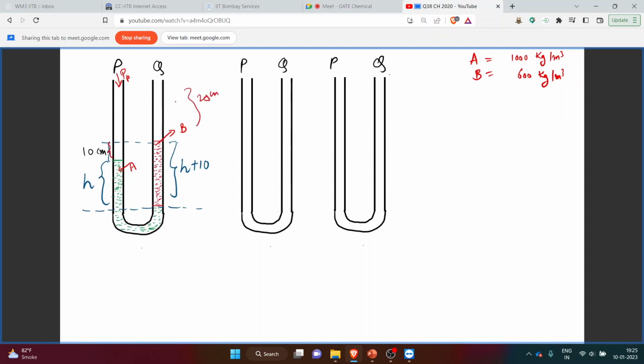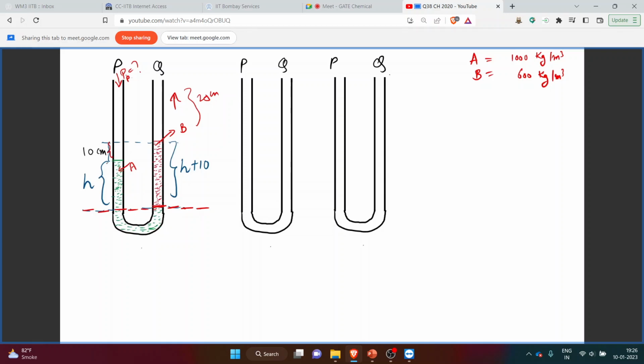If this level is to be increased by 20 centimeter, what should be this force that we have been asked to find? So first, let us find this value of the height. Let's consider this interface as our reference level, and we write the pressure balance at this reference level.